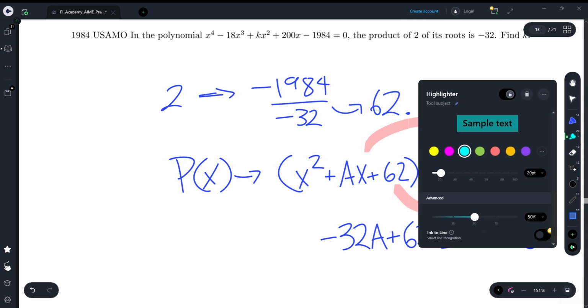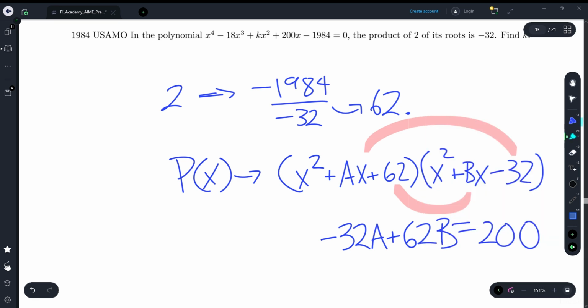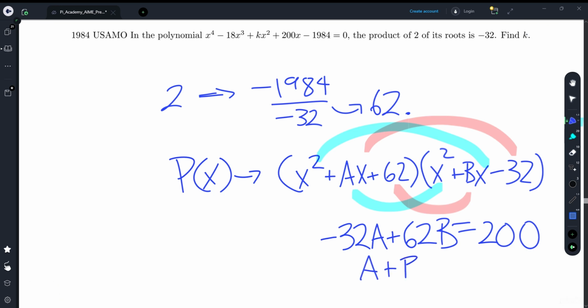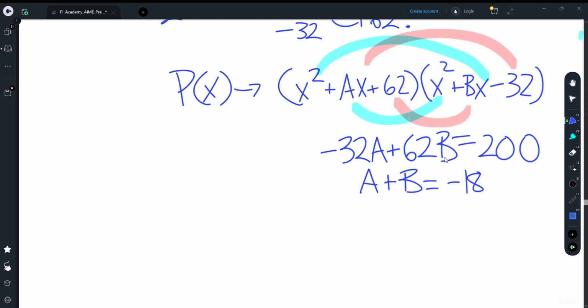And now the x cubed term, which is just a plus b, is negative 18. So solving these two equations and multiplying 32 on both sides, we get that a is equal to negative 14 and b is equal to negative 4.